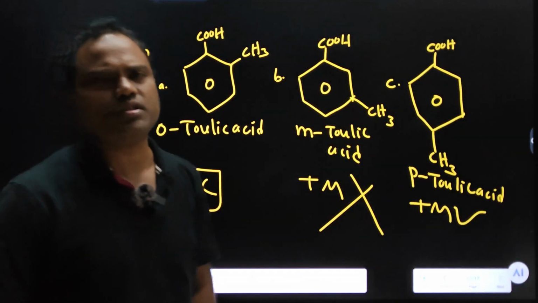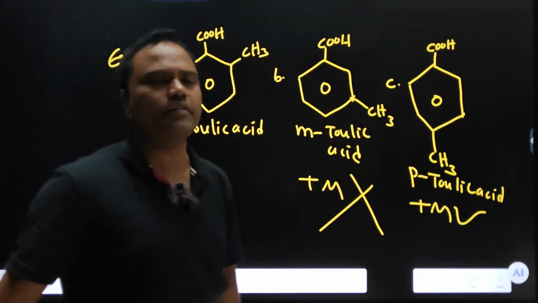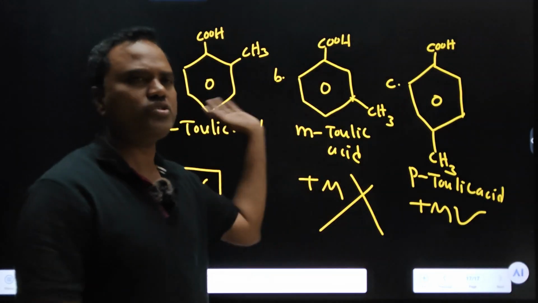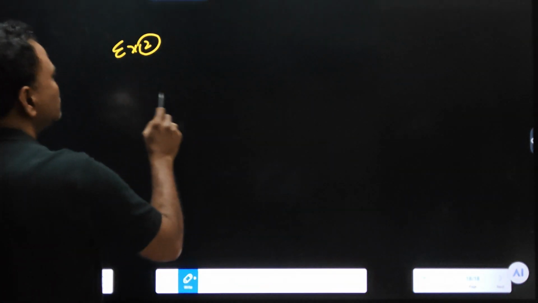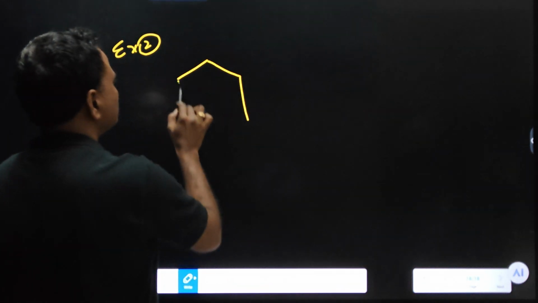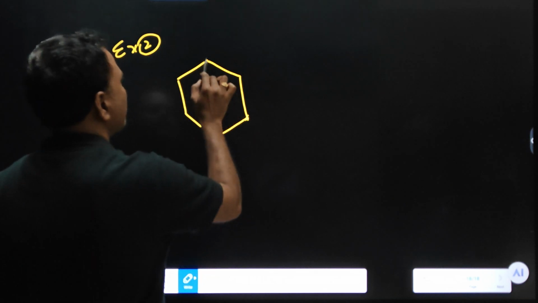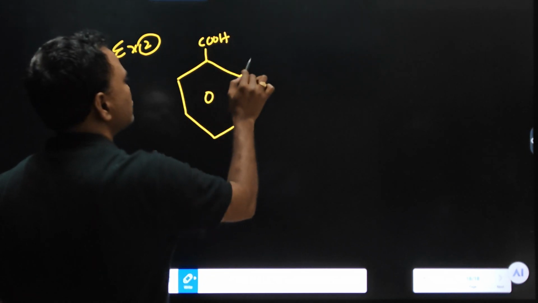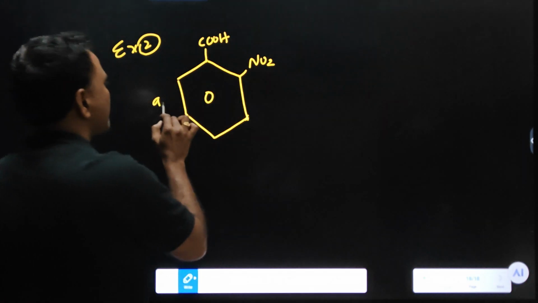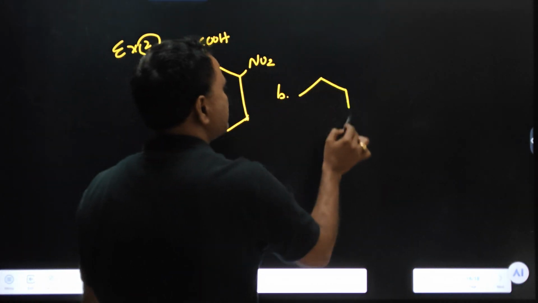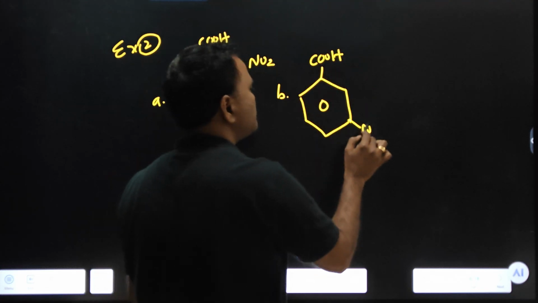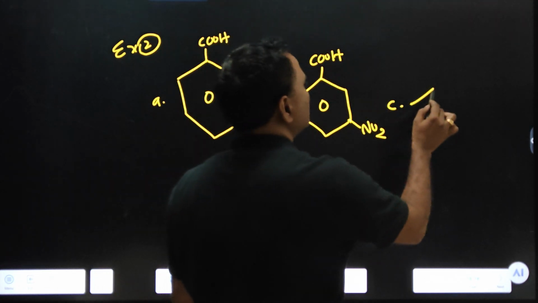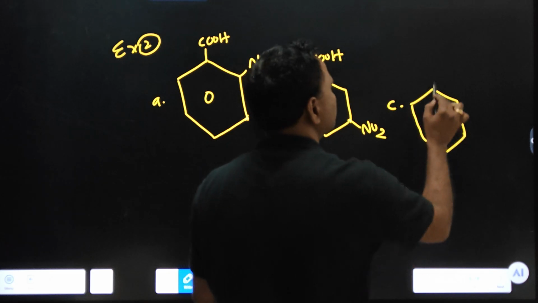Clear? Let us see another example. Another model question is common: which of the following has more Ka value? This has more Ka value because more acidic means more Ka. Those questions are common. Let us see another example: orthonitrobenzoic acid, metanitrobenzoic acid, and paranitrobenzoic acid.